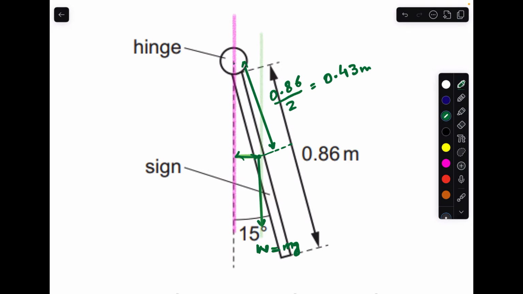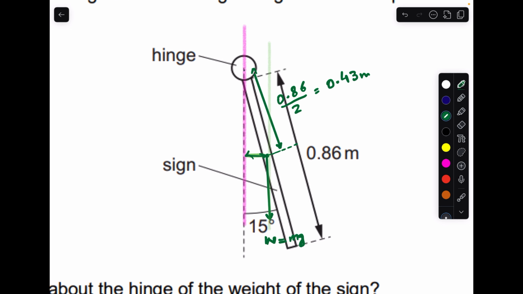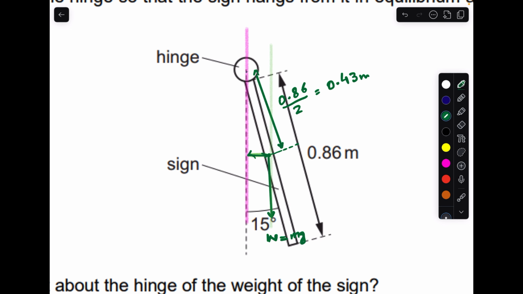Okay. So how can I find this distance? I'm going to consider this portion. So this thing is like this. This distance is 0.43. This angle is 15.